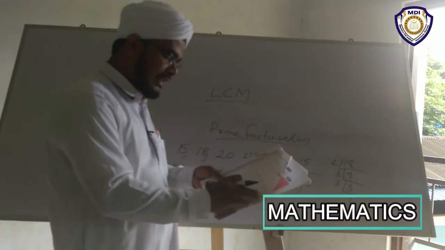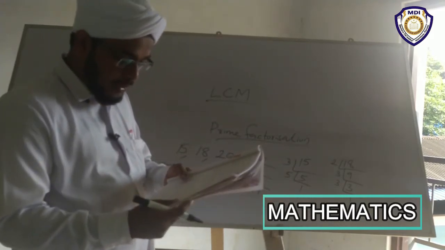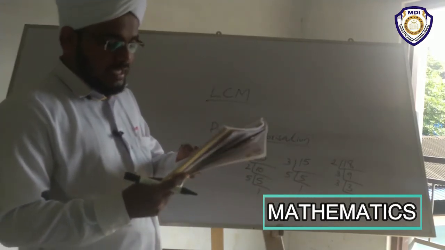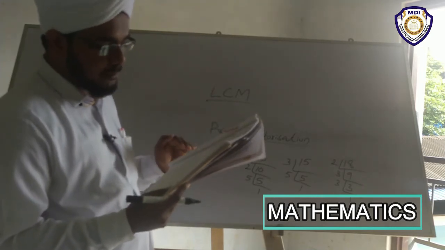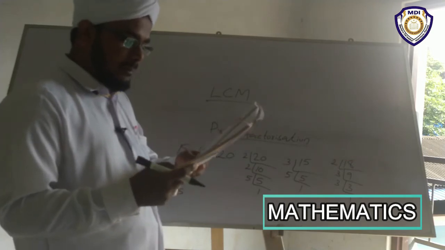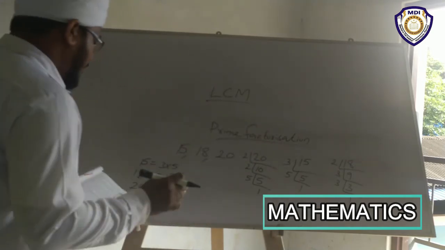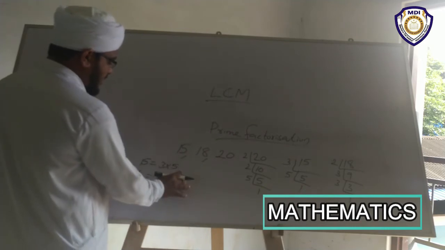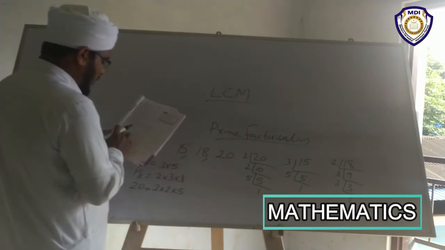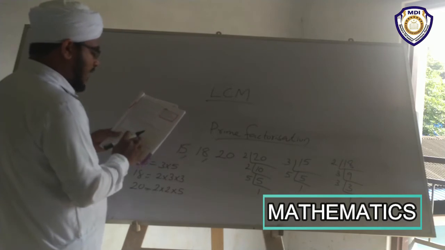There is a sentence: collect the largest number of times each prime number occurs in the factors of the given numbers. In the given example, first and foremost, you have to find out which factor is largest. What is the largest number of times?